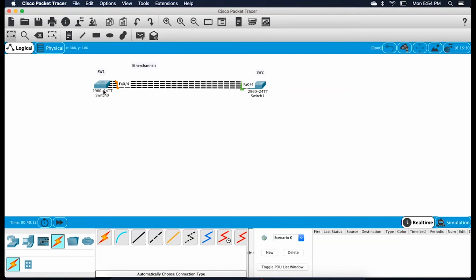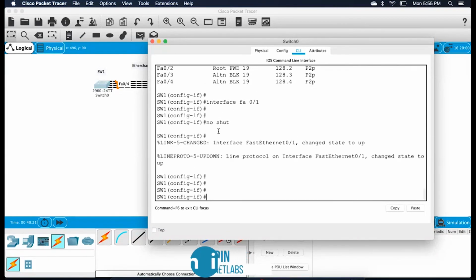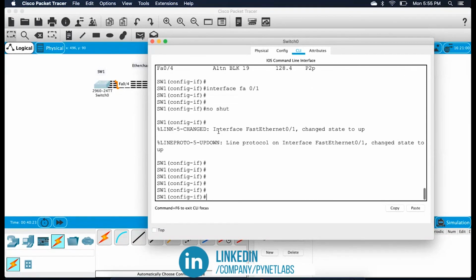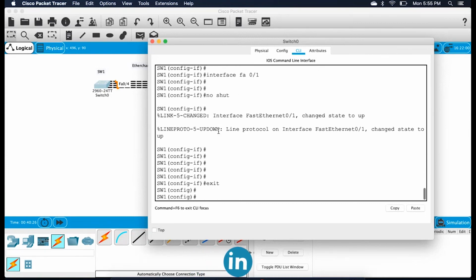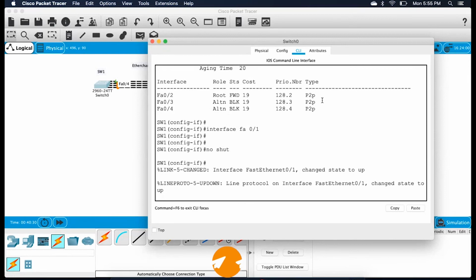And how do you actually do that? You go on each and every switch. The config is pretty simple, and you select the range of interfaces that you have. Now you can see all the links have the type point-to-point. So all the links are point-to-point links.